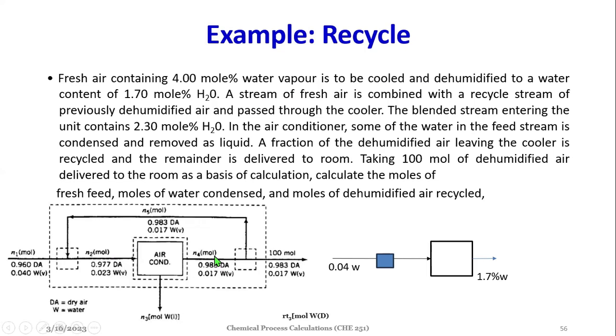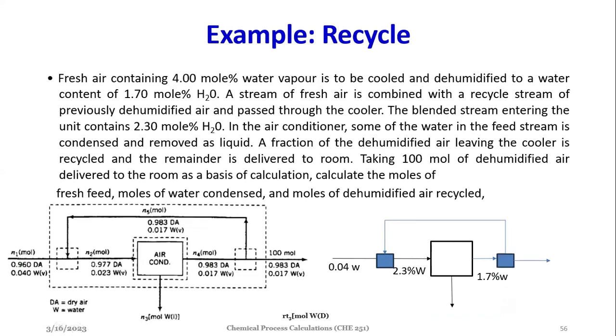So the amount of water in the air reduces. But what we want to do is take some of that dehumidified air and send it back to join the feed stream, to join the fresh air stream. So we know the composition of the fresh air stream, what was coming in, and we know what we are targeting. So if I send some back, it means I'm going to split.